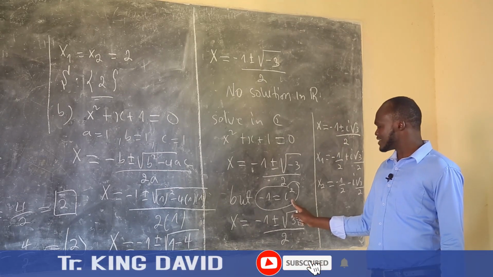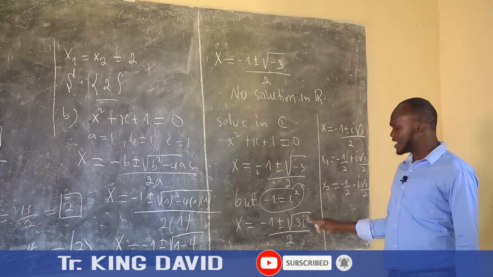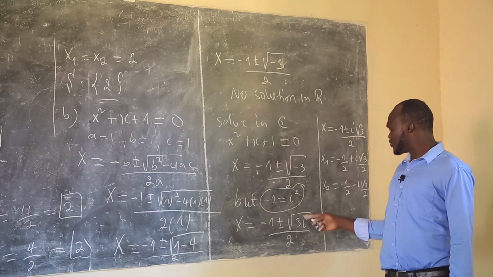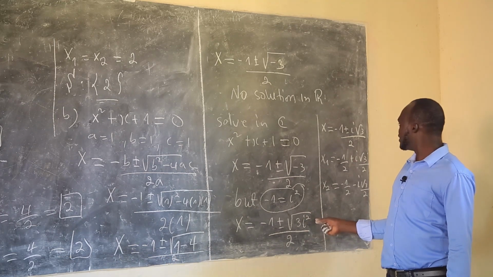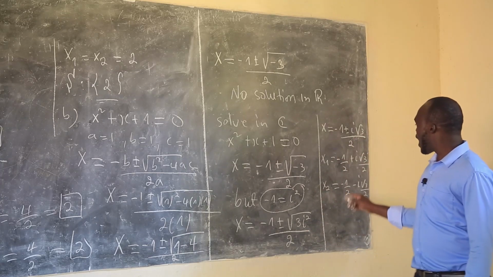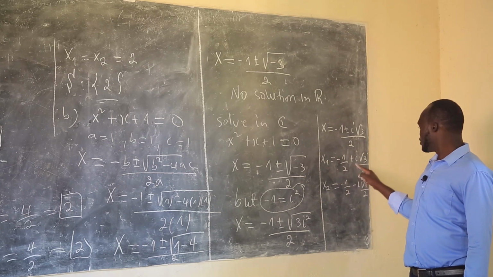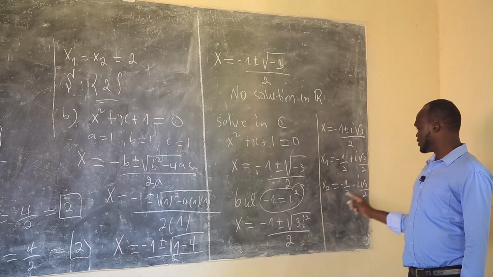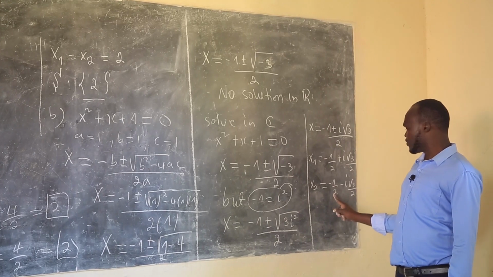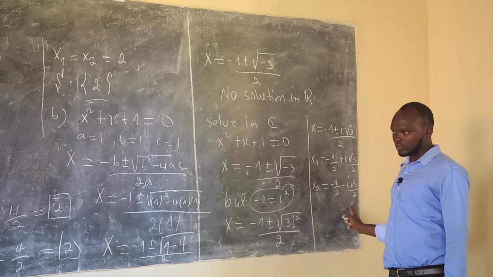Which means that when we have this negative, we're going to have i squared. And you know the square root of i squared is what? i. So now our set contains x1 equal to negative 1 over 2 plus i root 3 over 2, x2 negative 1 over 2 minus i root 3 over 2.